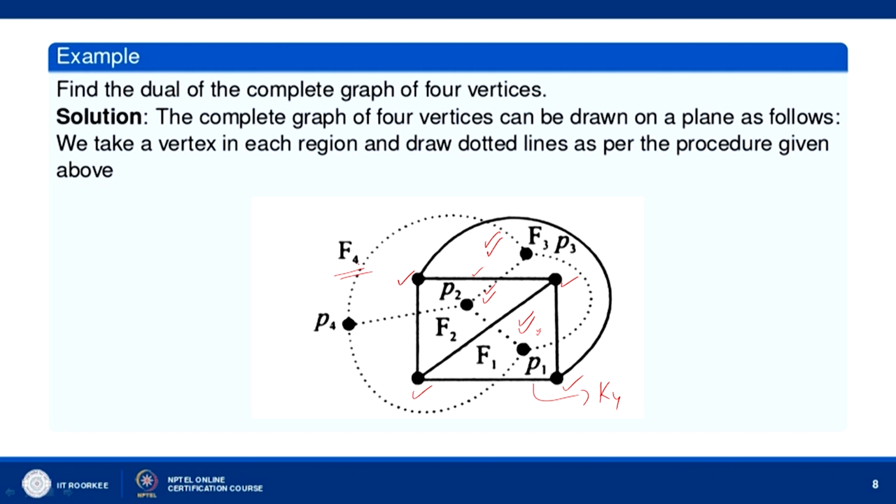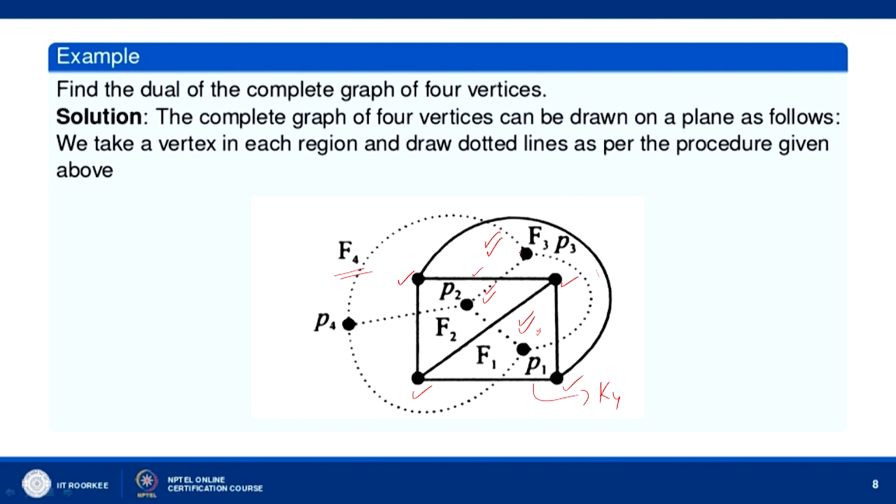Then F4, the region outside, is shown by F4, and we have P4 here. P4 is joined to P3 because this edge is common between F4 and F3.